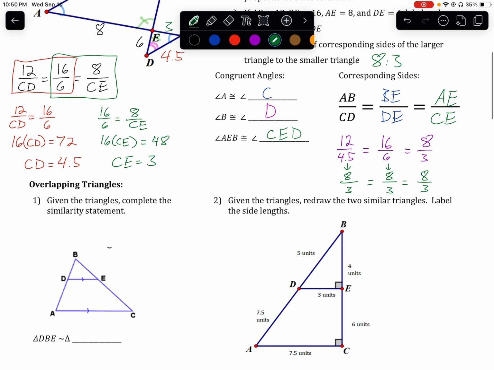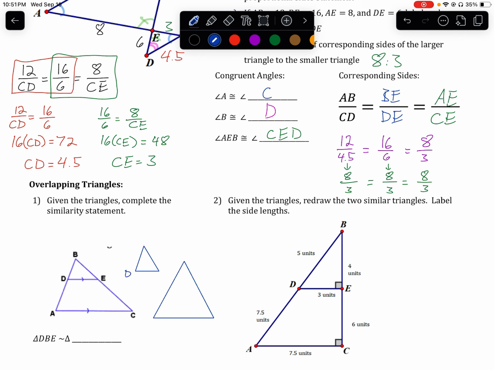Revisiting our overlapping triangles, like we said in the past, if I remove this line here, I would see one big triangle, and I have this small one on top. I can redraw these just to give myself some visual clarity.